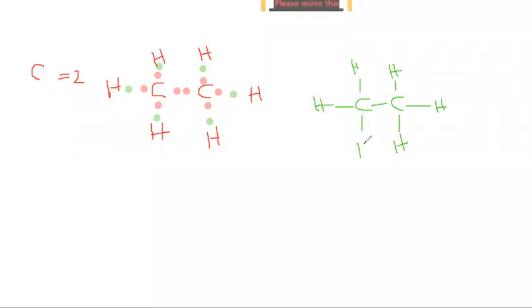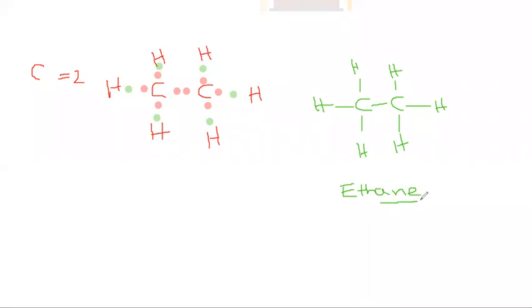This is the molecule, the second organic molecule, which has two carbon atoms, and the name of this one is ethane, E-T-H-A-N-E. So this is ethane.